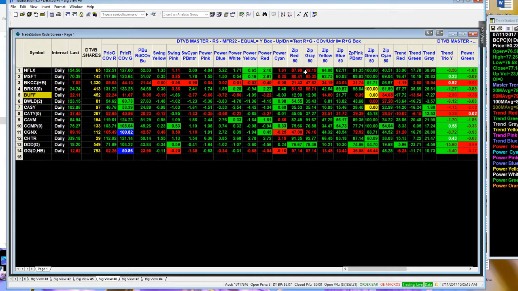This is probably one of the most popular indicators on the radar screen, for a variety of reasons. I think they'll become obvious as you look at it.